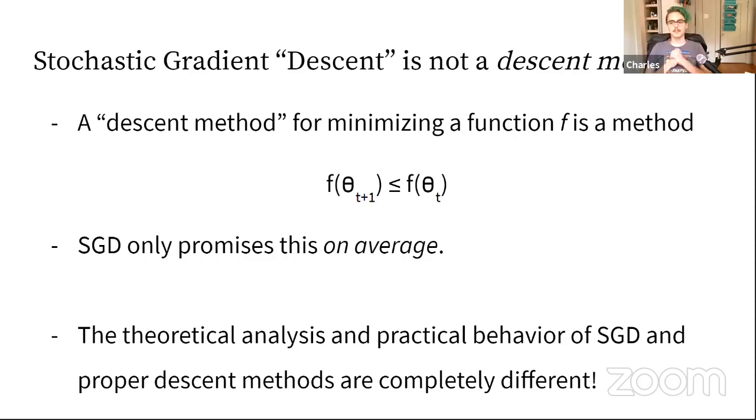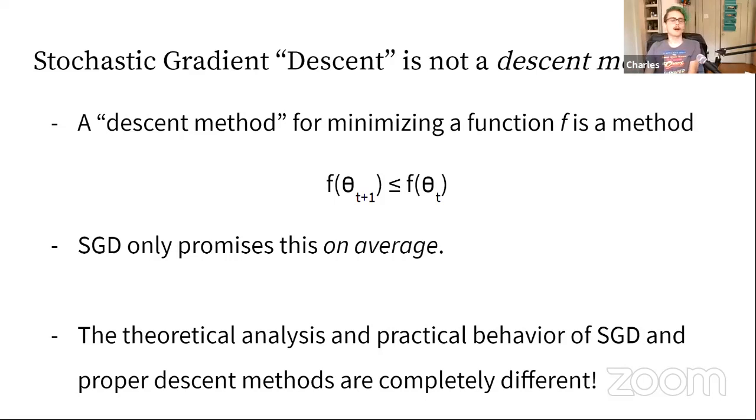A descent method for minimizing a function f is a method such that if I evaluate the function on each consecutive iterate of that method, so the method produces theta parameter values over time t from 0 on out, a descent method says the next value of the parameters will give me a lower value for the function.